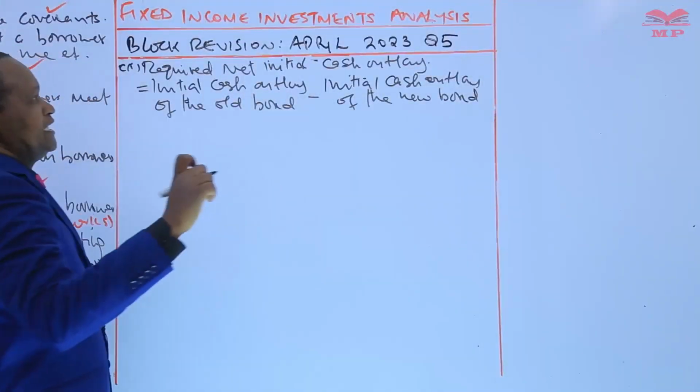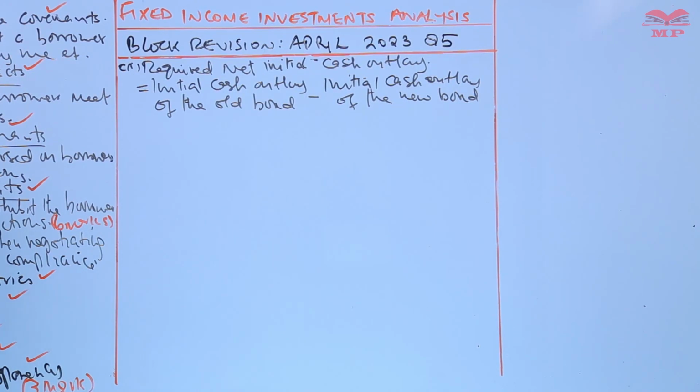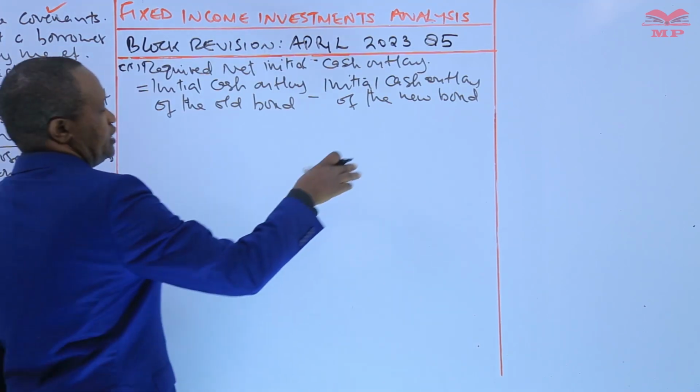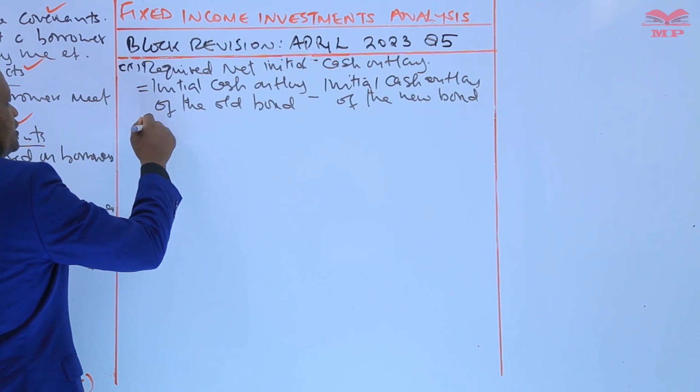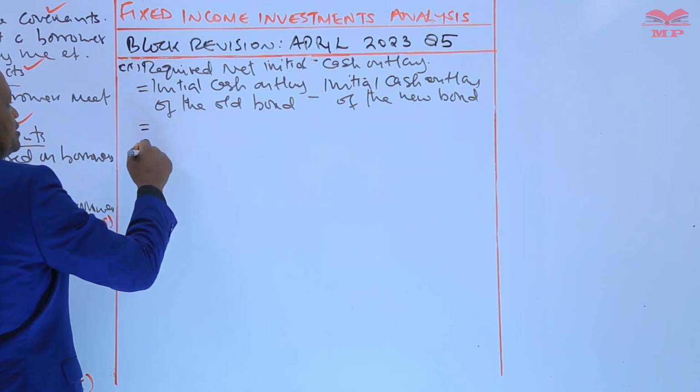That will give us the net initial cash outlay. You understand? We subtract the new from the old. This will give us the answer there.